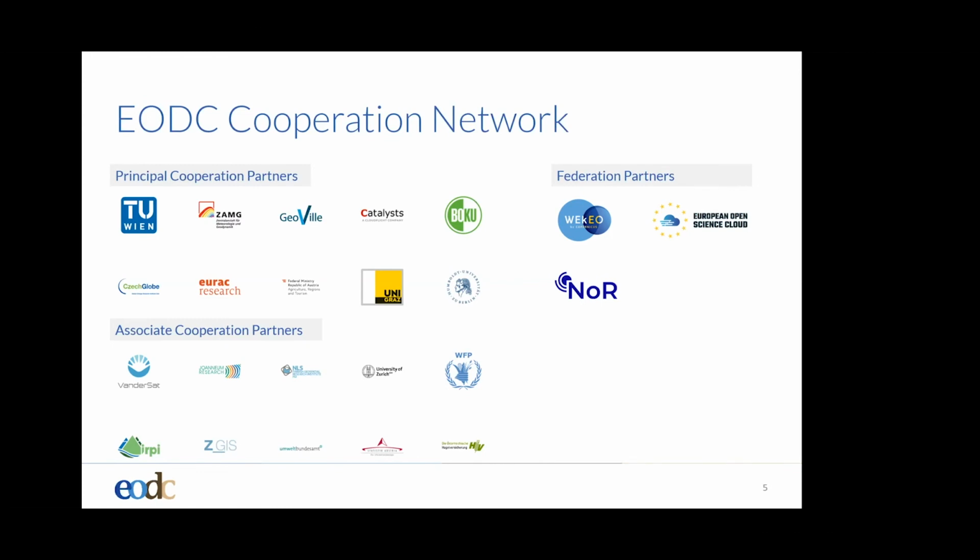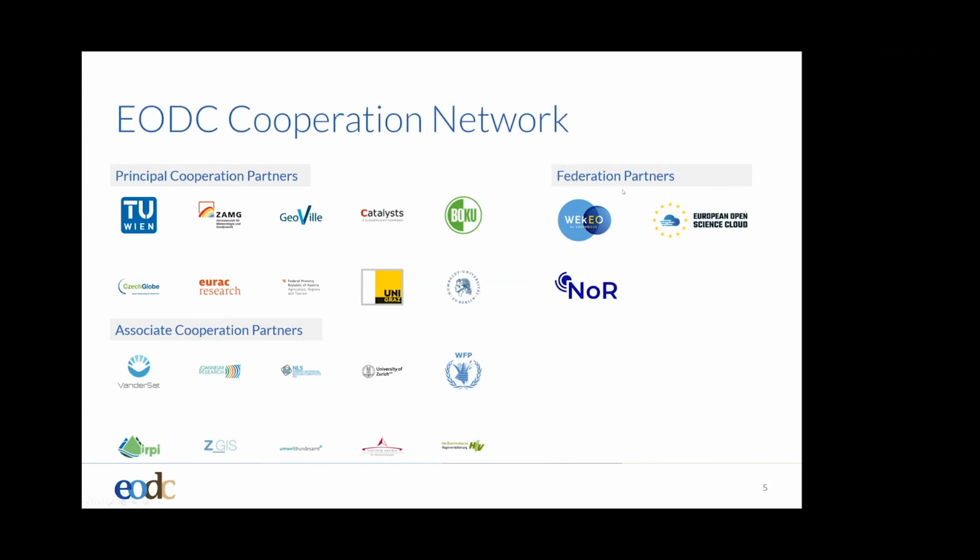We have Austrian actors, but we also have international partners around companies, but also universities and research organizations that are really regularly active within EODC. So there's the idea really to think beyond individual research projects or project activities. It's really a long-term partnership that we have established here.